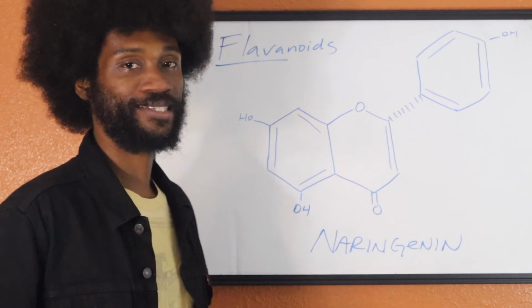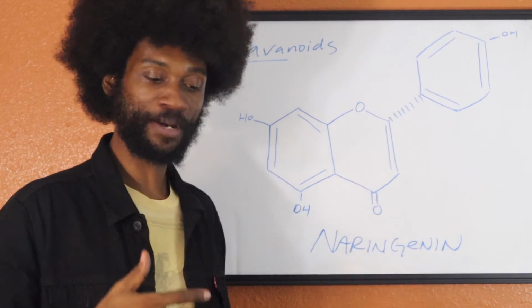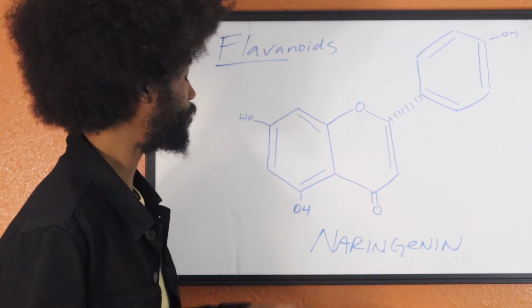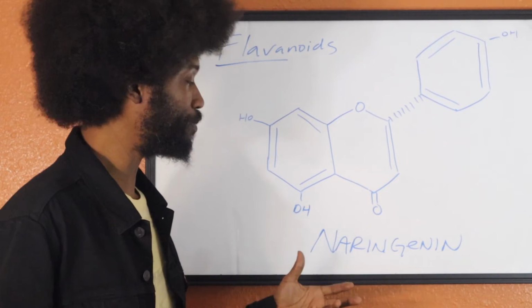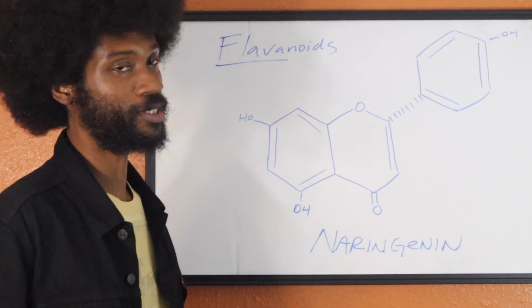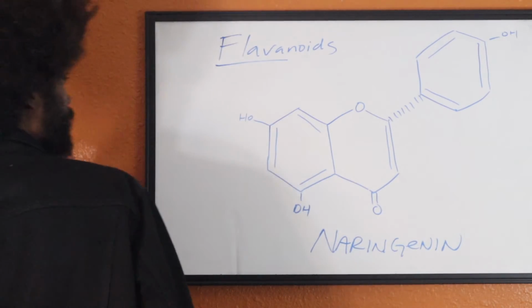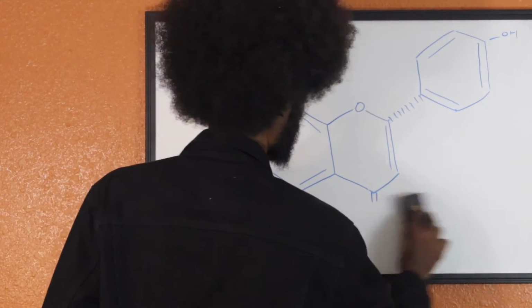Naringenin is also an antioxidant. All of those particular properties that you know grapefruits are good for, that you want to implement inside your diet, is due to this particular component right here. All right, naringenin.